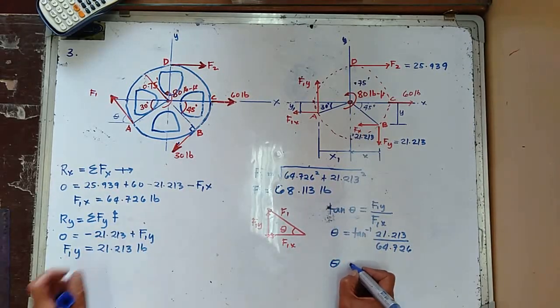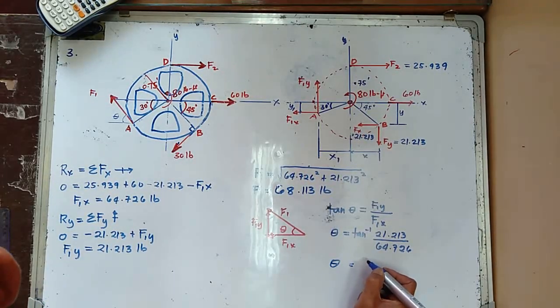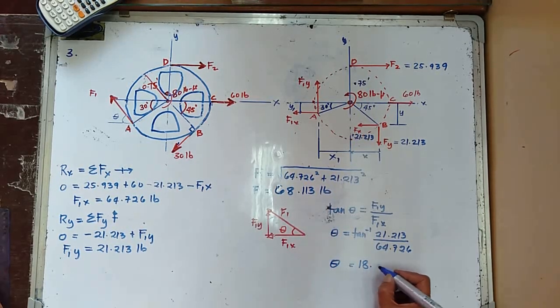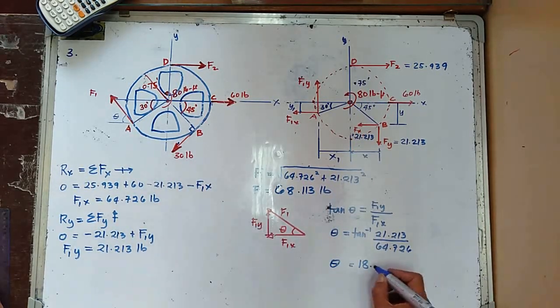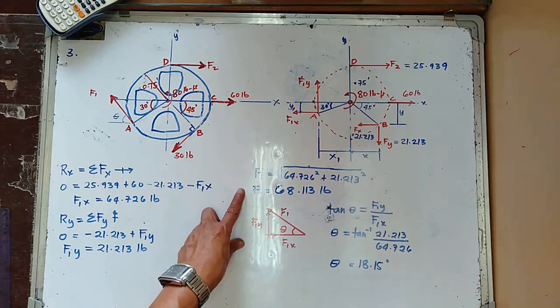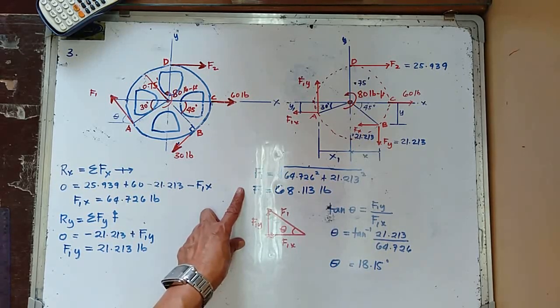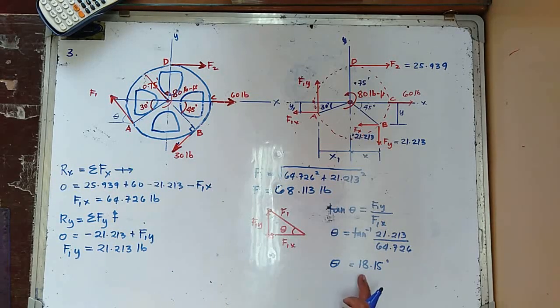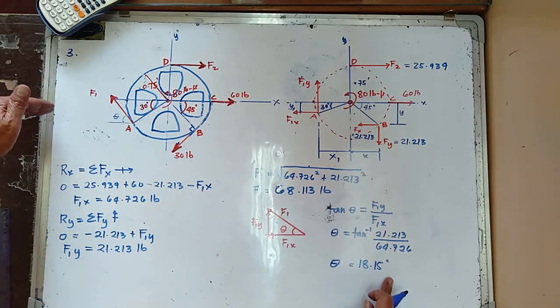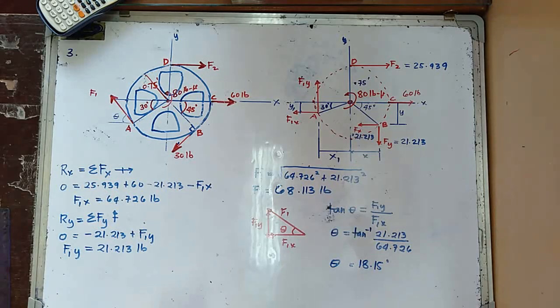So your theta is equal to 18.15 degrees. So your F1, which is equal to 68.113 pounds, makes an angle of 18.15 degrees with the x direction.